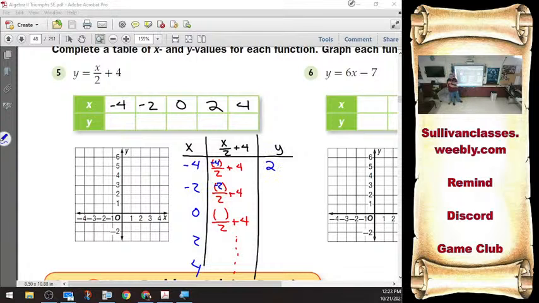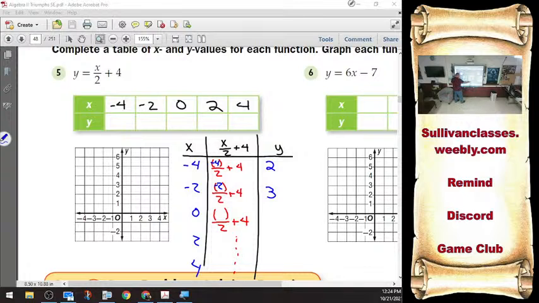What's negative 2 divided by 2? Negative 1. Plus 4. If you're just going to say random stuff, just stop. Okay? What's negative 1 plus 4? 3. Okay.